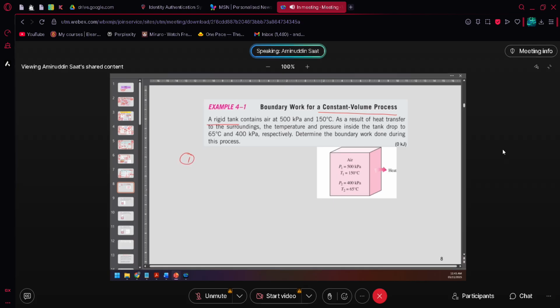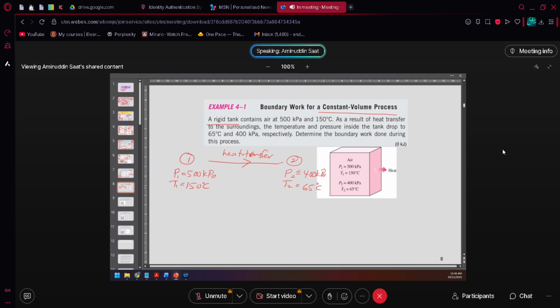So initially the pressure is 500 kilopascal and the temperature is 150 degrees Celsius. As a result of heat transfer, the temperature and pressure inside the tank drop to 65 degrees and 400 kilopascal. So from 1 to 2 there is some heat transfer, which makes the pressure drop to 400 kilopascal and T2 becomes 65 degrees Celsius.